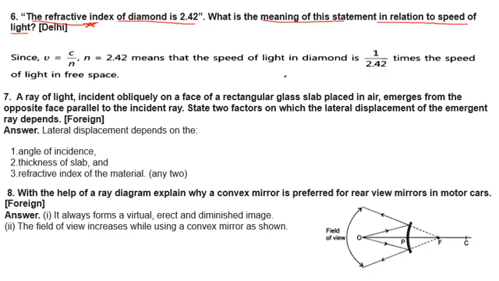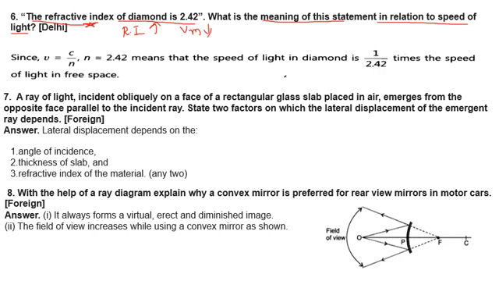If the refractive index of any medium is more, then the speed of the light in that medium, Vm, will be less. How? Because they are inversely proportional to each other. Let's find out how.